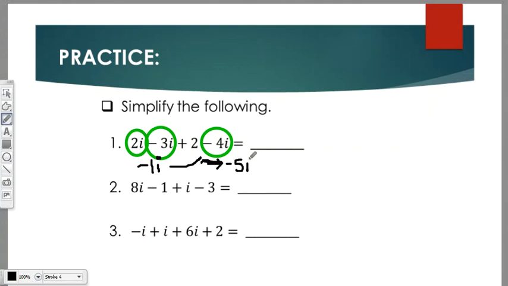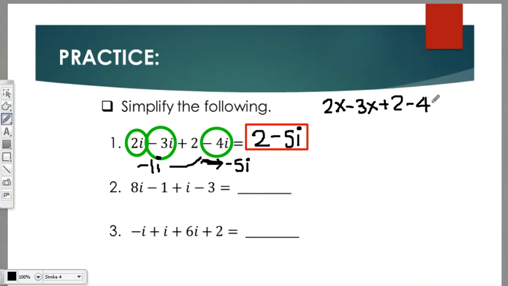negative 5i. Now, I don't have anything to go with my 2, so that becomes my real part. Real plus imaginary creates my complex number. So 2 minus 5i. Even if it's kind of confusing at this point in time, just change the problem and think about it a little differently. Ask yourself, can you do this problem?